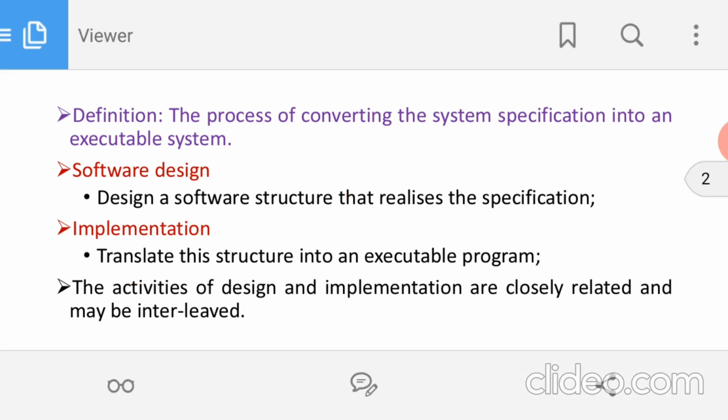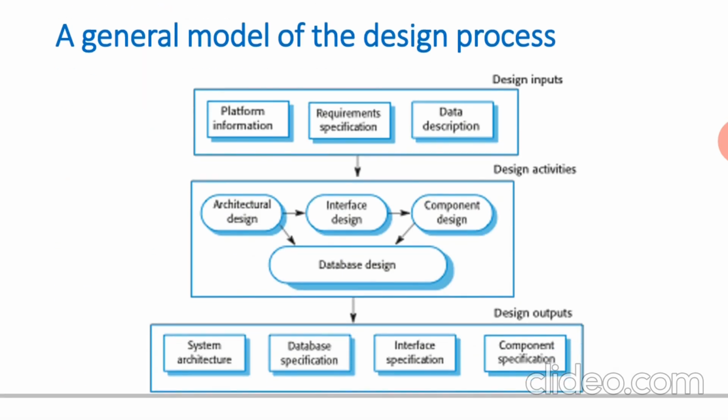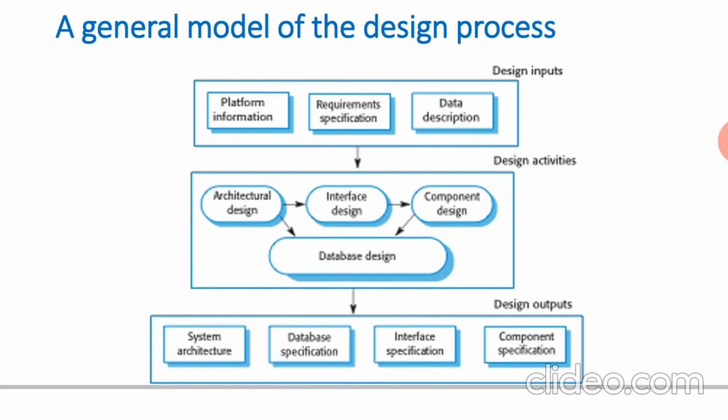Now let's have a look at how the software design is going to take place. With a diagram we will be discussing a general model of the design process. This is the generic model of how a software is going to be designed. This is the particular process that we are going to discuss here.